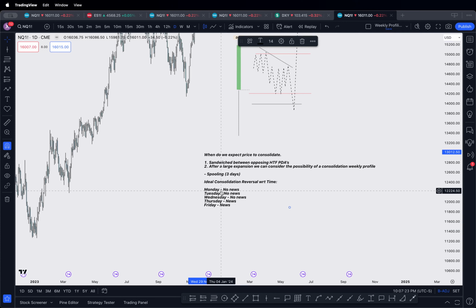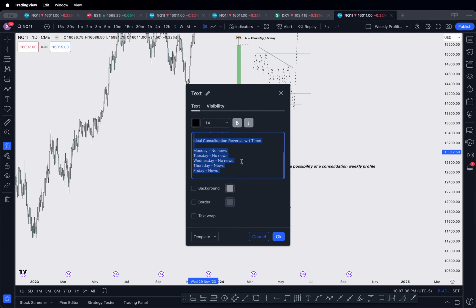Have you guys seen weeks where it's like retail sales and Empire State on Monday and Tuesday, and then unemployment and Powell on Thursday, Friday, something like that? Yes. So this is one case. Let's see another case. If we have Monday news, Tuesday news, Wednesday no news, Thursday news, Friday news. This happens all the time.